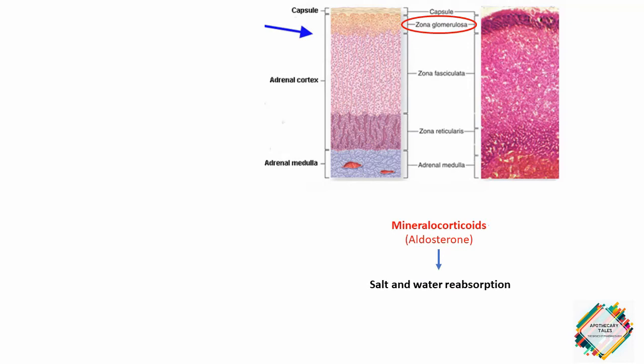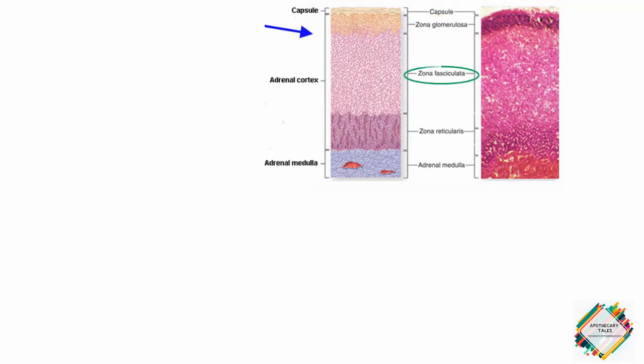Production of aldosterone is regulated primarily by the renin-angiotensin system. Now the middle zona fasciculata synthesizes the glucocorticoids, for example cortisol, that are involved with metabolism and response to stress. The inner zona reticularis secretes the adrenal androgens.